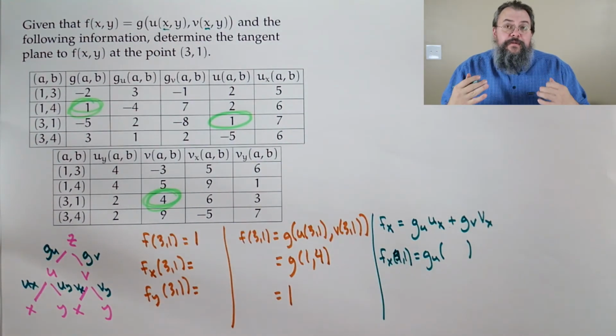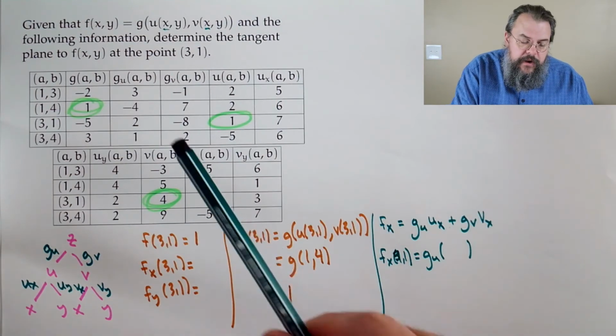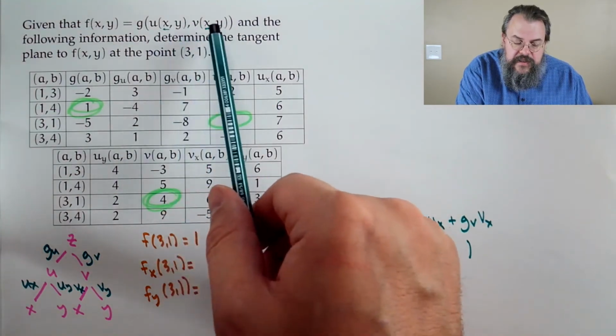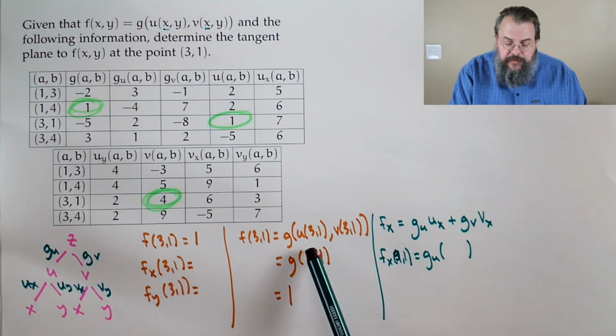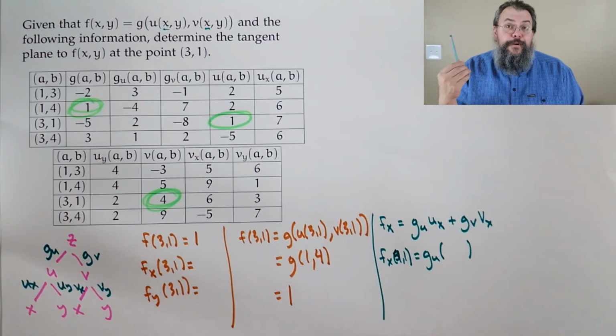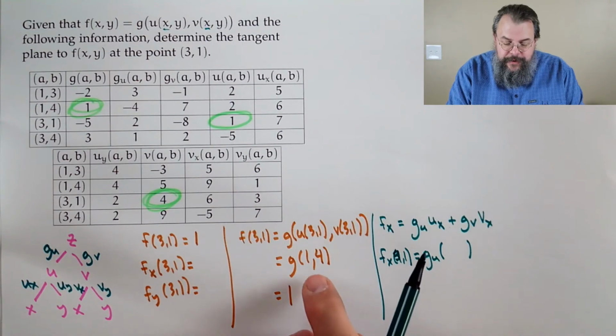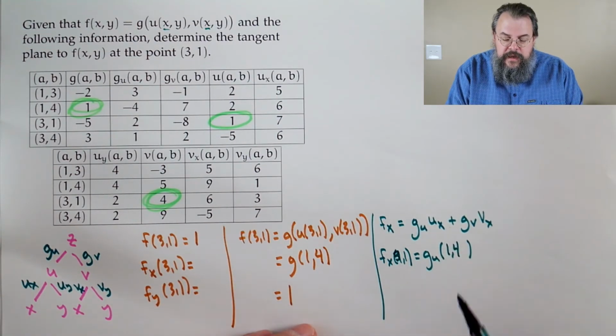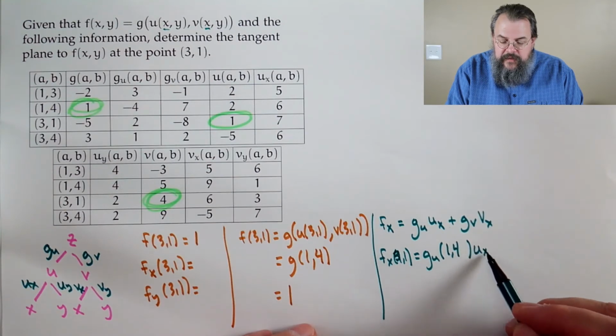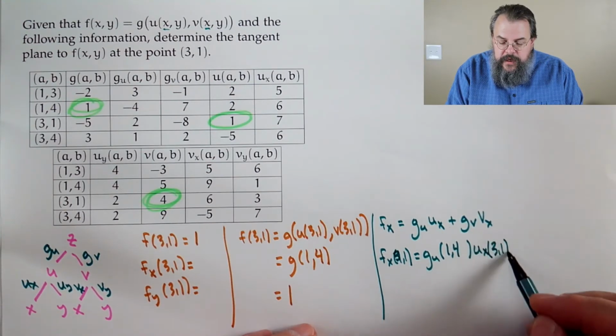So when we plug 3, 1 in, we're really saying, oh, the inside is still the same u and v. So it'd be u of 3, 1, v of 3, 1, which we already know corresponds to the point 1, 4. And then we're going to have u sub x at 3, 1.